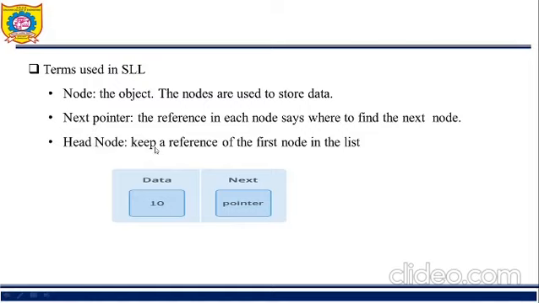The head keeps a reference of the first node in the list. It means it keeps the address of the first node, so that if you want to perform any operation on the linked list, you can directly refer to the address of the first node from this head. Generally, this head is also called the first node.